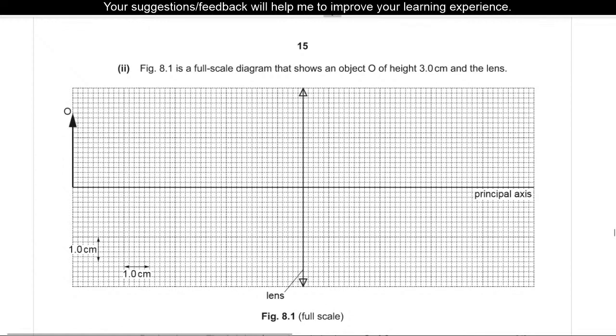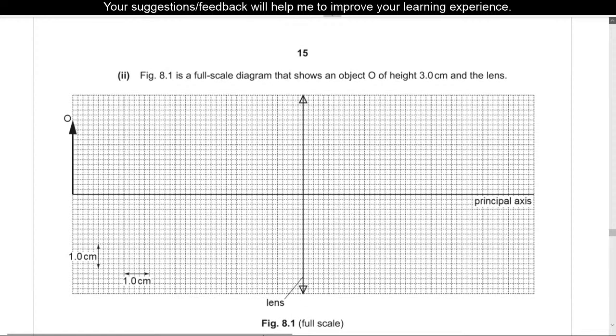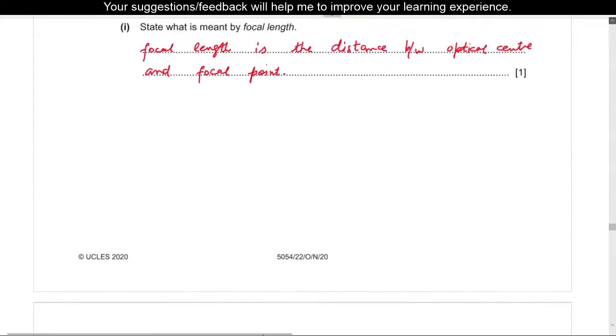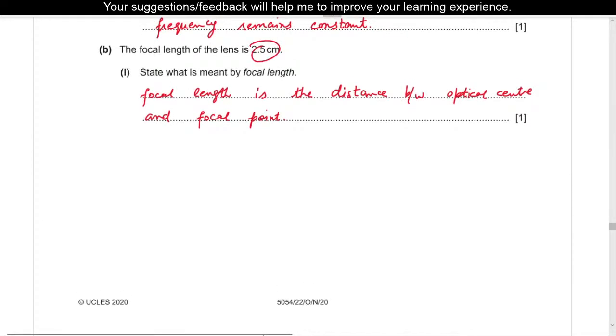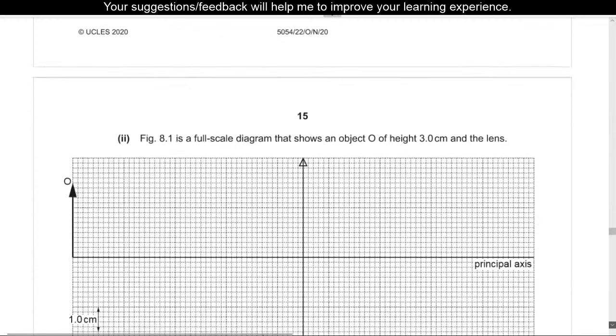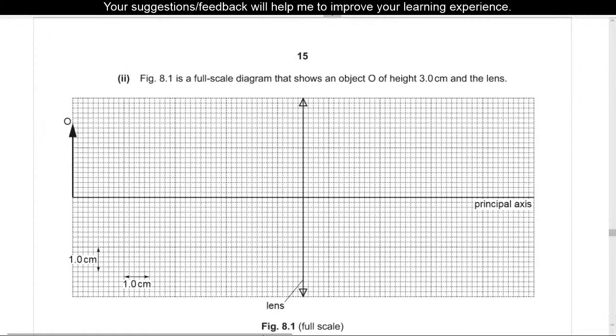Okay, so first of all we have to find the focal point. Focal length is given as 2.5 centimeters, and 1 centimeter is represented by 5 boxes.